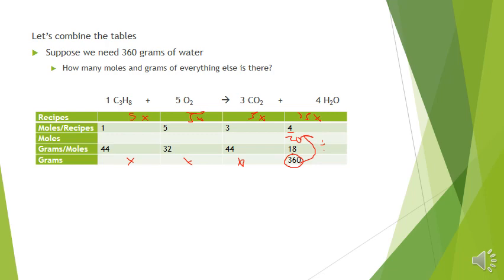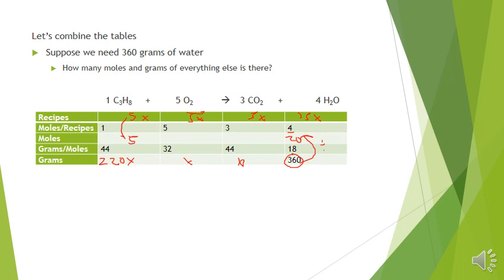Okay, all right. So let's start with the propane. Every time you do it, you need 1, so you can do 1 five times, or 5. Then you have 5 moles of propane when you do 5 recipes. Each one is 44, so you do that 5 times. So it's 220 grams of propane.